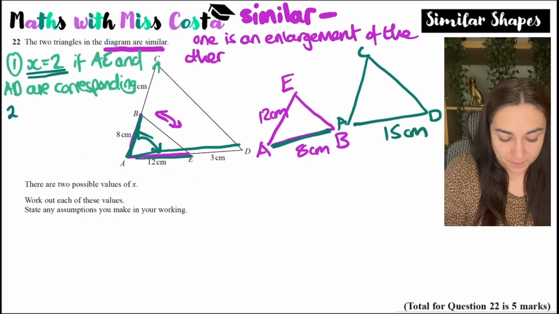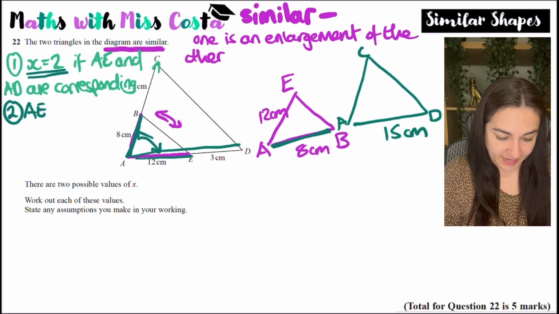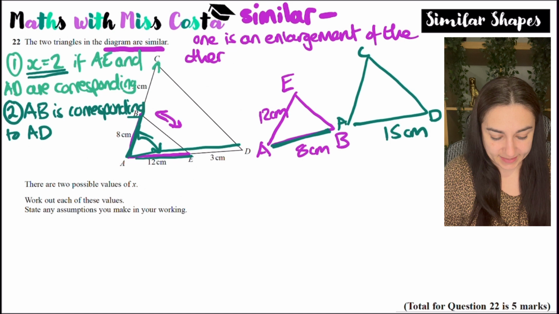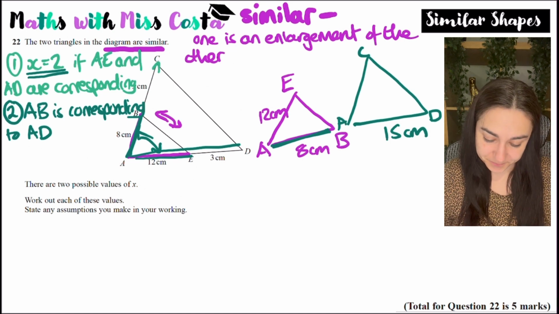And the assumption I'm now making is that AB is corresponding to AD. Okay, so I'm saying that these are the two sides that are related.